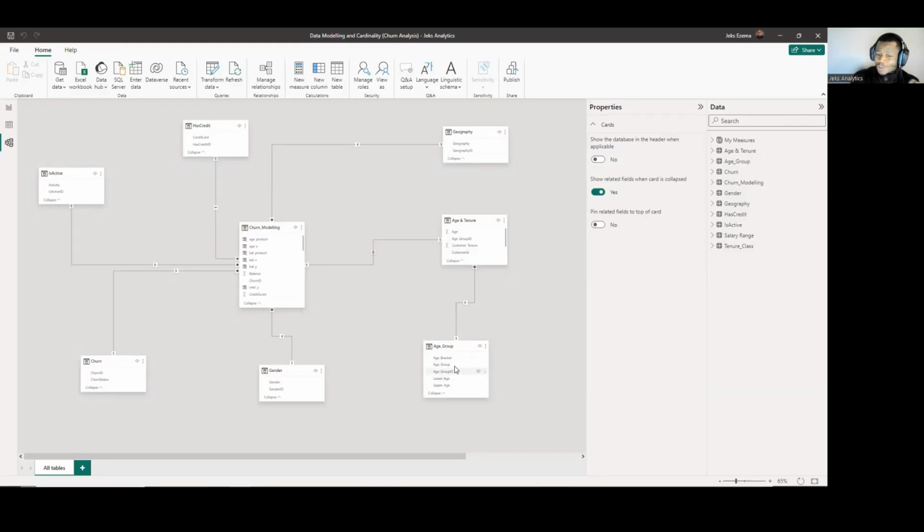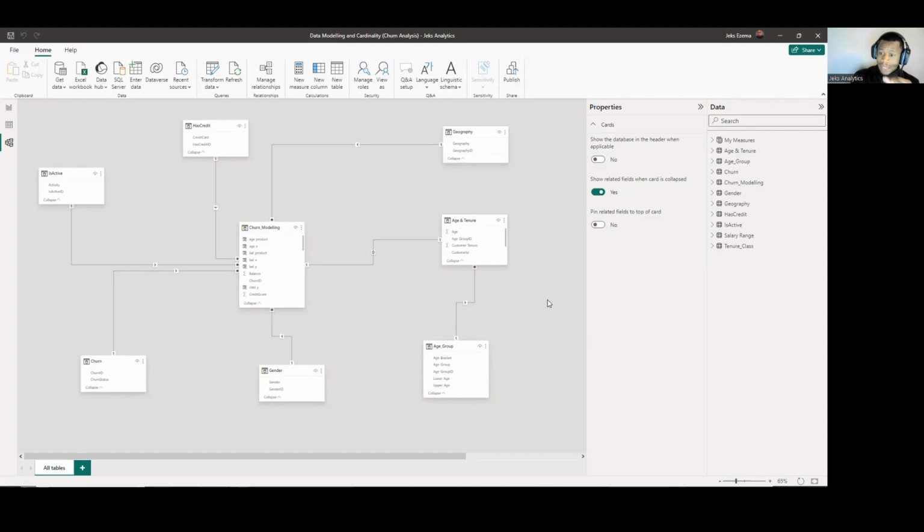This table is not connected directly here. It is connected here, but through here. So from here, I can read what is happening here, but it has to pass through here first before it comes here.